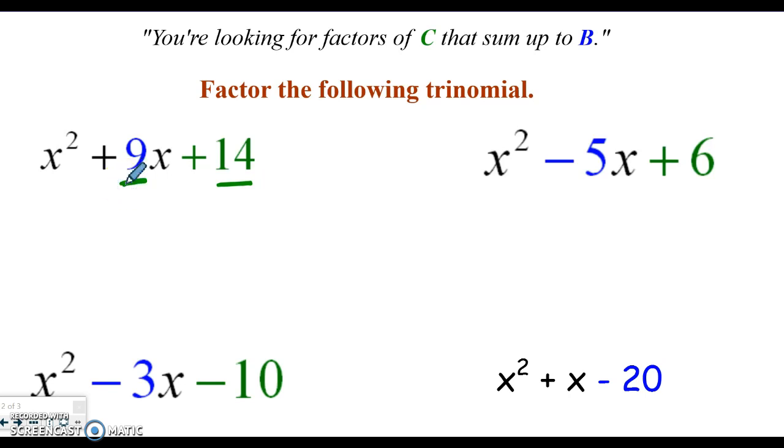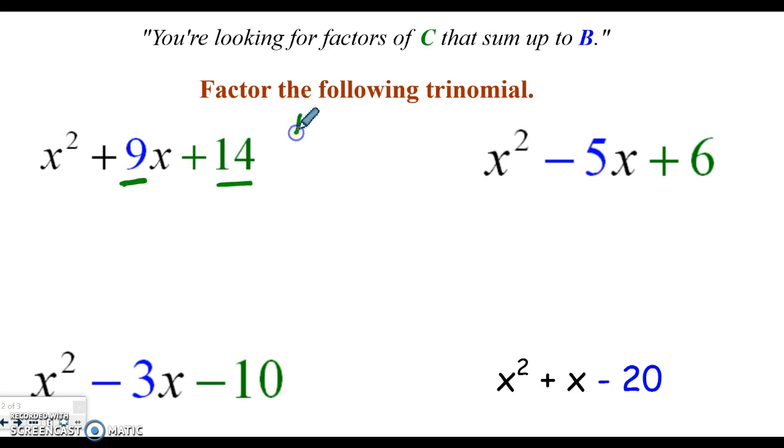Well, in the previous problem it was different numbers, but they multiplied to give me C and added to give me B. So what I want you to think about is what are the numbers that do both of those things for this problem? What we'll start to do is just list out some factors of 14.